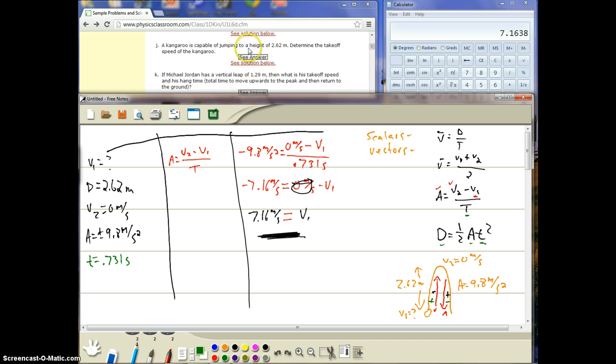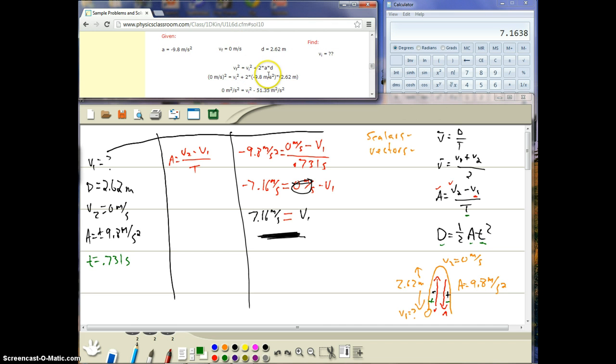All right, so let's just see if our solution is good. Well, they've used the formula that you're going to have on your exam: VF squared equals VI squared plus 2AD. But I want to show you that we can use these formulas to find it.